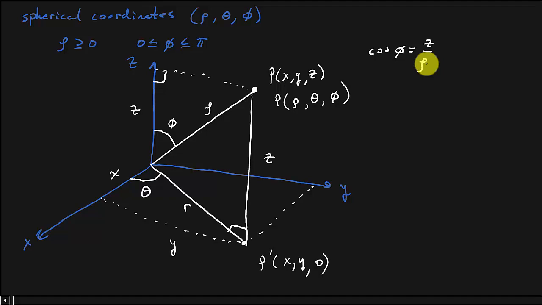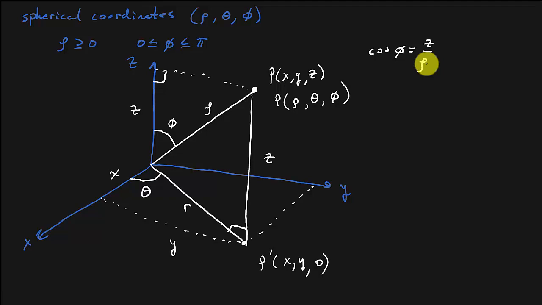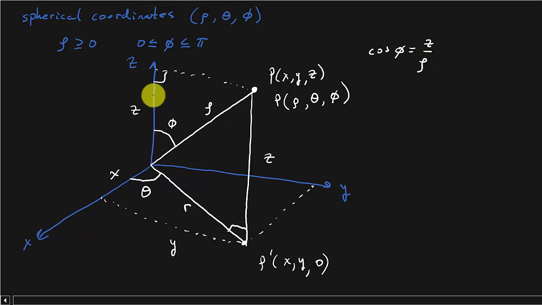And what about sine phi? Well, look, this line and this line here are parallel. They're cut by a transversal, so these angles are equal, so this angle would be phi also. You see this triangle here, this is the right angle, this is your hypotenuse, and this is the side opposite phi.